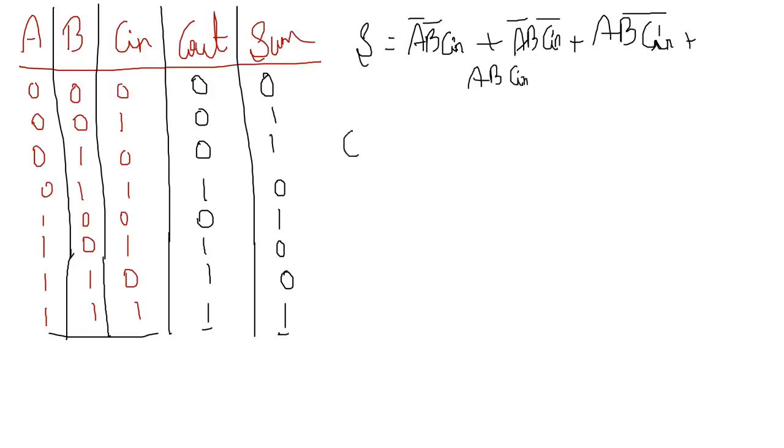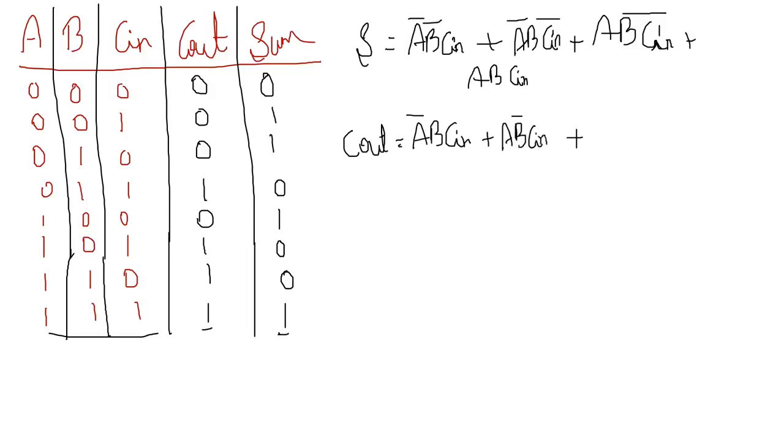Okay, so this is the equation for sum. Let me write it for carry out. Carry out is 1 at 4 positions. Carry out is 1 when A is 0 and B, C in values are 1: A bar B C in, plus A B bar C in.